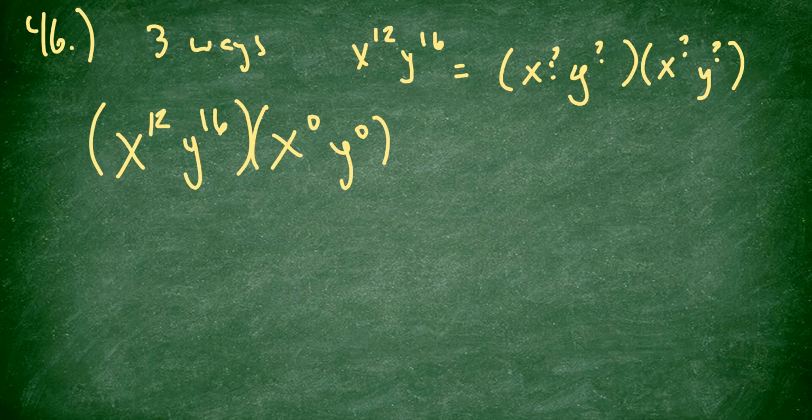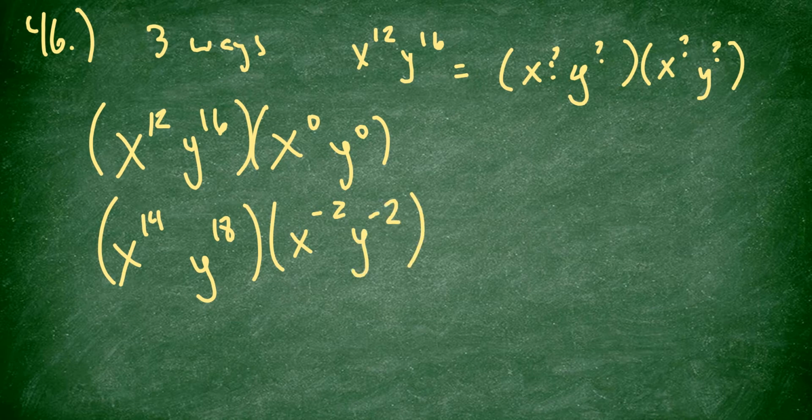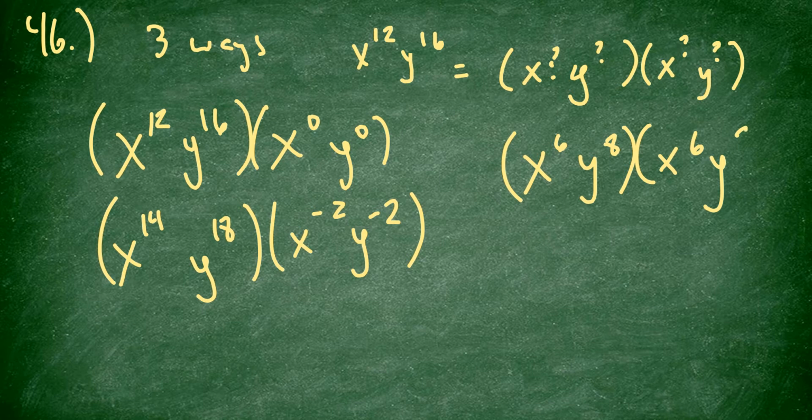That would work. I could do x to the 14, y to the 18, and those are bigger, so I just have to pick negative exponents. Or I could just split it up. I could say x to the 6th, y to the 8th, x to the 6th, y to the 8th. Any combination that's going to give you 12 for the x's and 16 for the y's. And that's just one option.